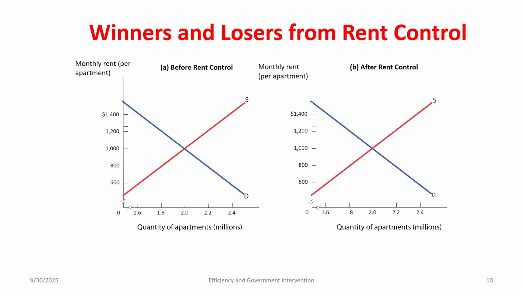So I want to look at, and here I was talking about, apartments. Right? So we can think about this as the price of an apartment, or rent. We're going to have some demand curve, some supply curve, representing producers' marginal costs and consumers' marginal benefits.